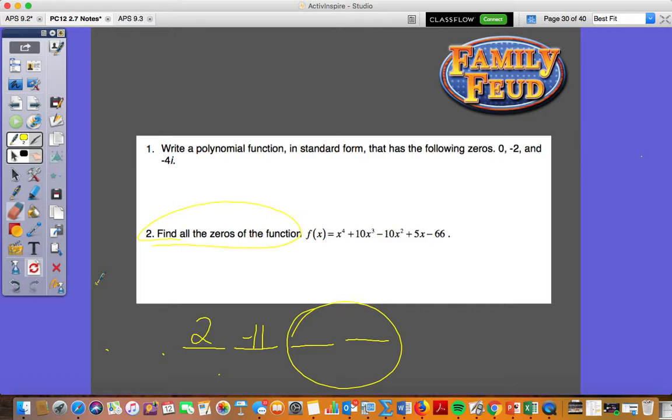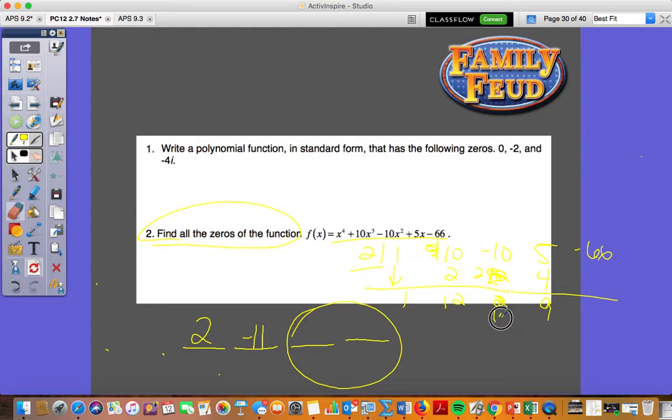Okay? So I'm going to use synthetic by first plugging in 2. So I've got the coefficients on top: 1, 10, negative 10, 5, and negative 66. So I bring down the 1, we're just using synthetic division here. 2, 12, 24, my fault.